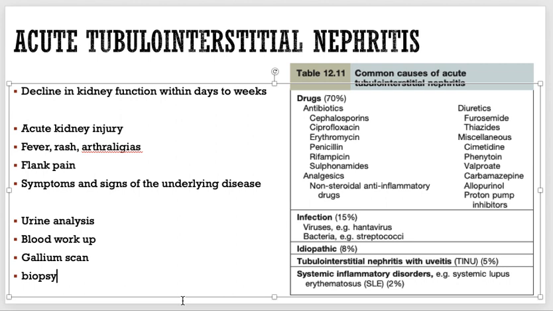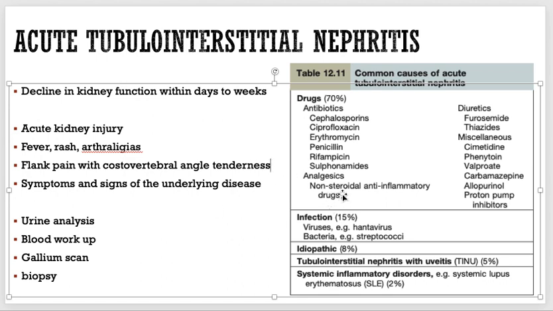So how do we treat these patients with acute tubulointerstitial nephritis? See the causes. What is the treatment? Stop the offending drug. If it is occurring due to drugs, stop the drug. If the patient has pyelonephritis, flank pain with costovertebral angle tenderness or renal angle tenderness, these are the features of pyelonephritis.